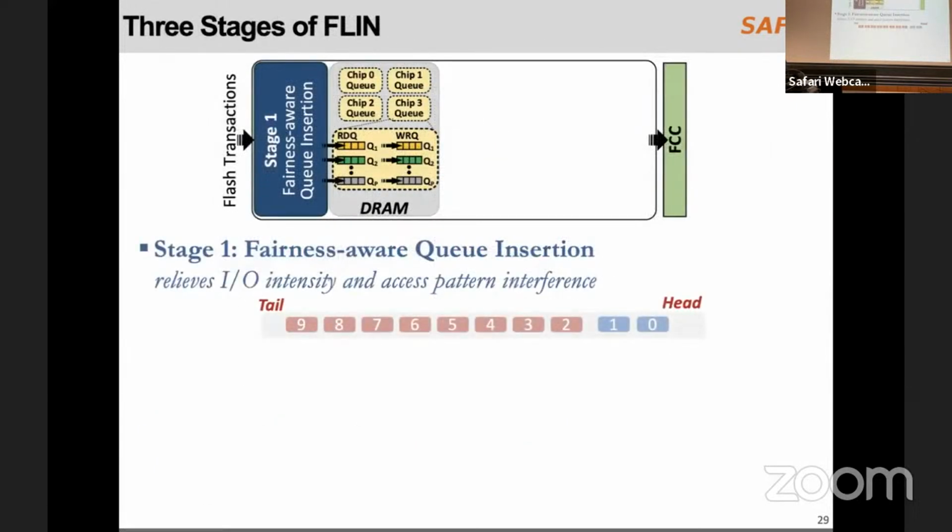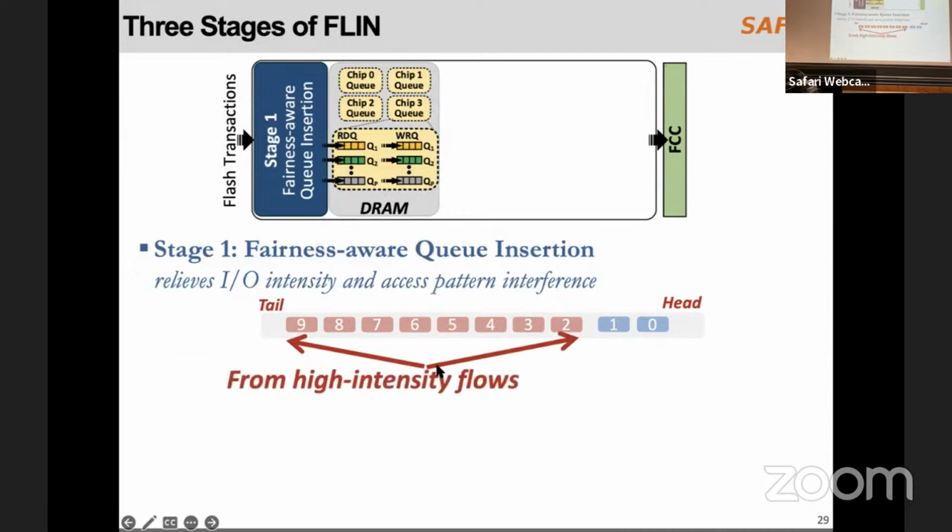The first stage is because of those different IO intensity or access pattern sources. So basically, the first stage tries to address the 2 sources of unfairness that we discussed. You have this queue of requests, and this is the tail, and this is the head. We try to order them from high-intensity flows to low-intensity flows.